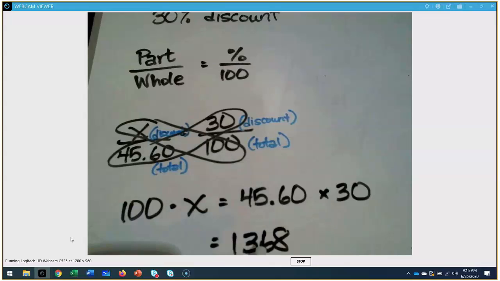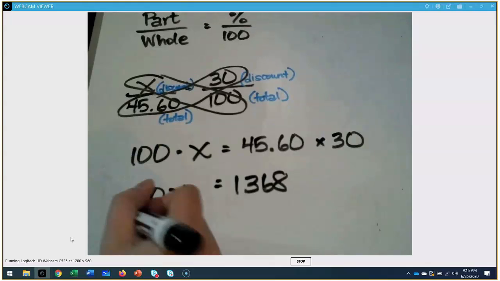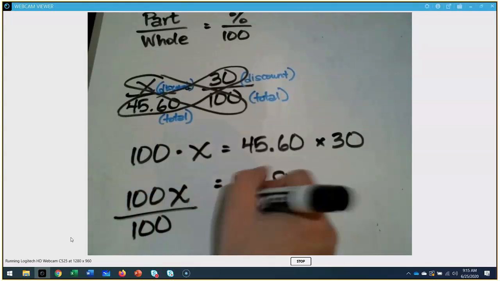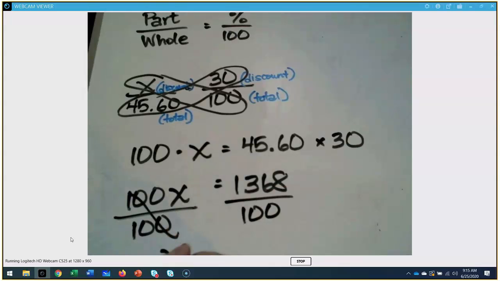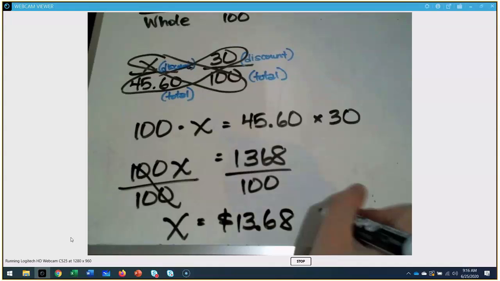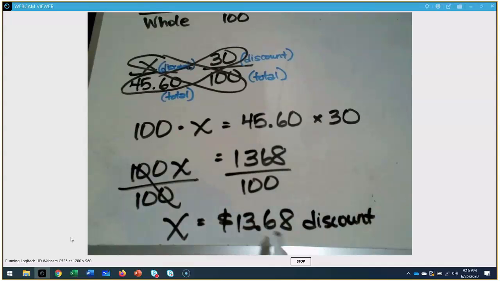And then I'll divide it. So, $13.68. Okay, perfect. All right, so again, that represents the discount. That answer is part A then, because that's what they wanted.